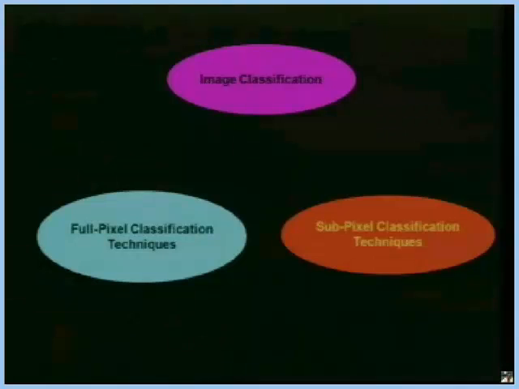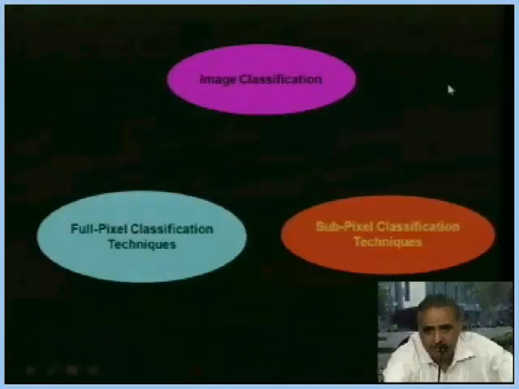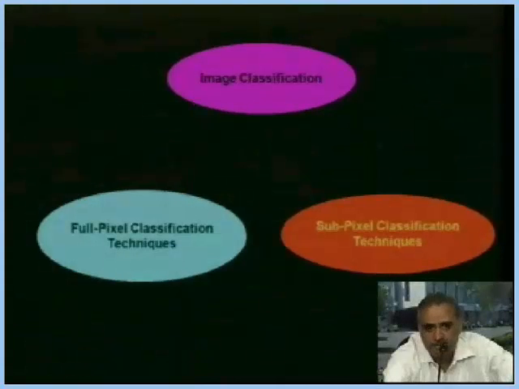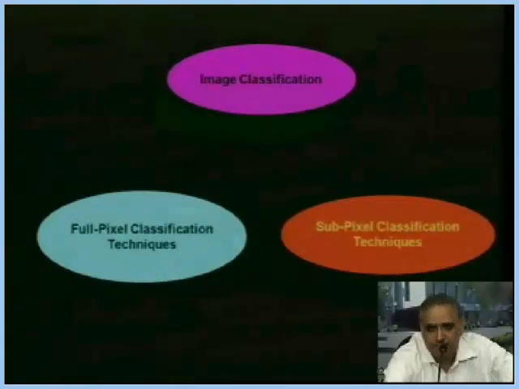The next topic will be image classification. In fact, end member selection and image classification go hand in hand. So I will give a brief on image classification, then we will talk about end members, and then we will have some mention of the image classification algorithms.